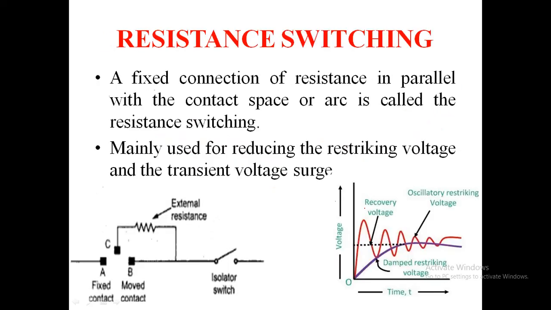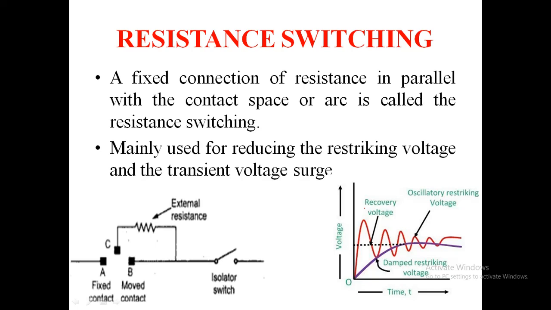So the next topic is resistance switching. From the previous discussion, the interruption of capacitive current will give rise to severe voltage oscillation. If excess voltage surges occur during the interruption, they can be prevented by the use of a shunt resistance R across the circuit breaker. So this is resistance switching.